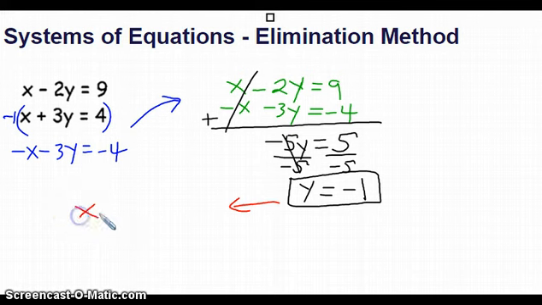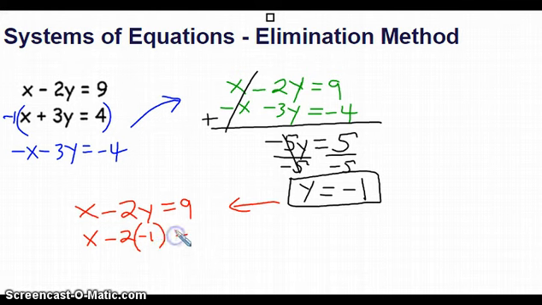Got x minus 2y equals 9. Now we're going to plug that negative 1 in. So we have x minus 2 times negative 1 equals 9. Well, negative 2 times negative 1 is positive 2. So now we have x plus 2 equals 9.